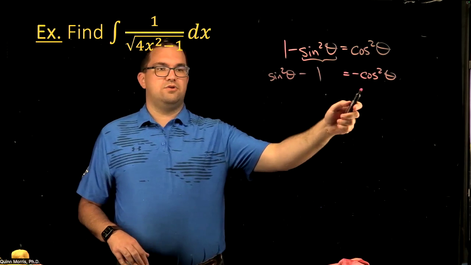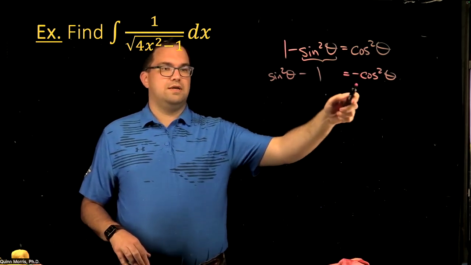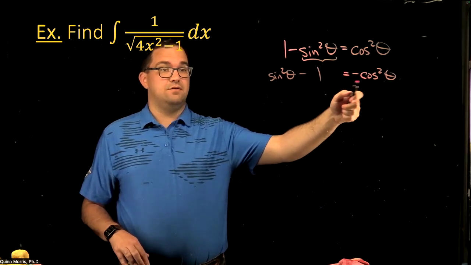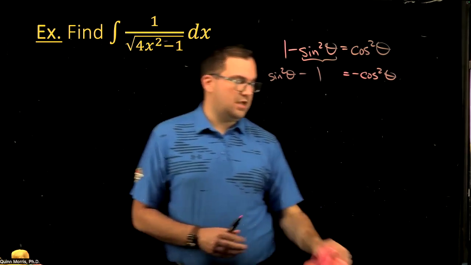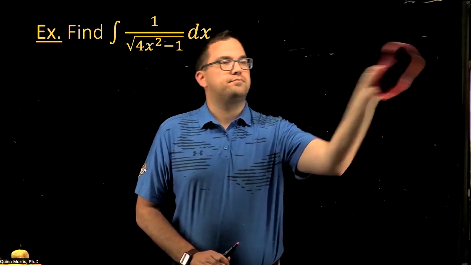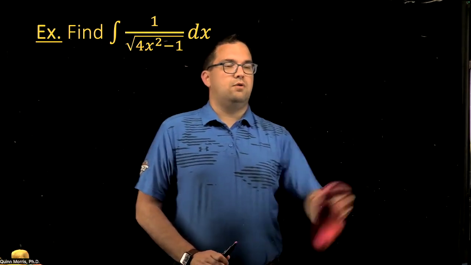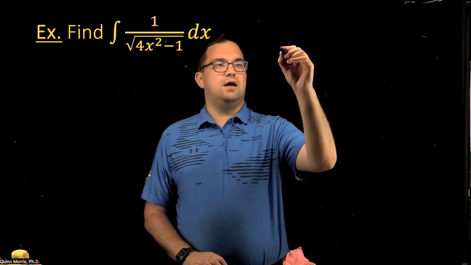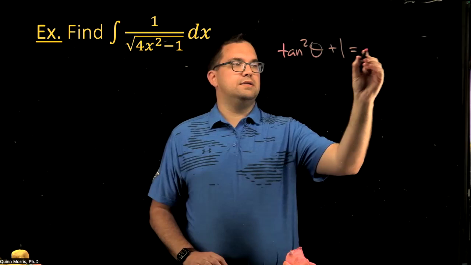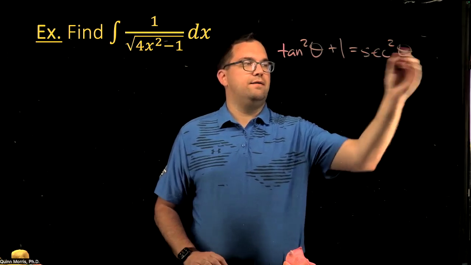But now the thing you're going to end up with under your radical is actually not a perfect square because of this negative sign, right? We can't really account for that negative sign. So that's not quite going to work. So we're actually going to go back to tangent squared theta plus 1 is equal to secant squared theta.